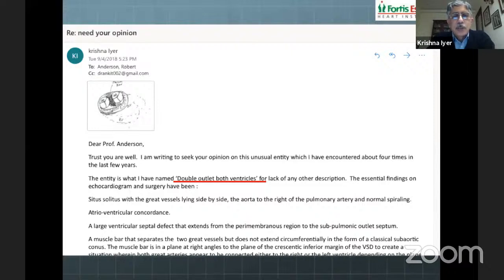At that point of time, I described it as double outlet both ventricles, not knowing that the term had been described earlier. I wrote that I had named this double outlet both ventricles for lack of any other description.